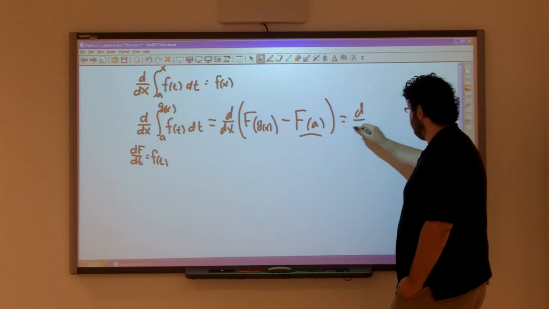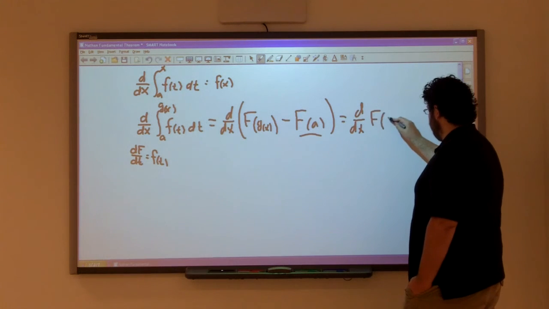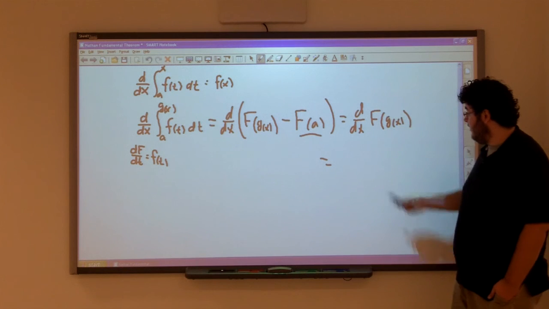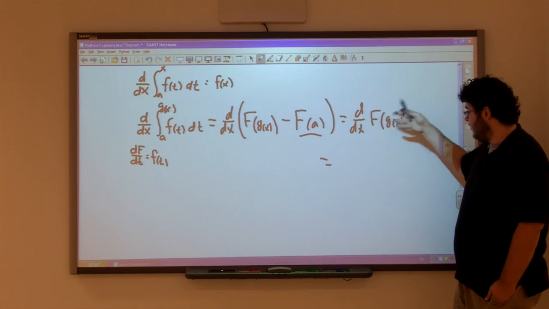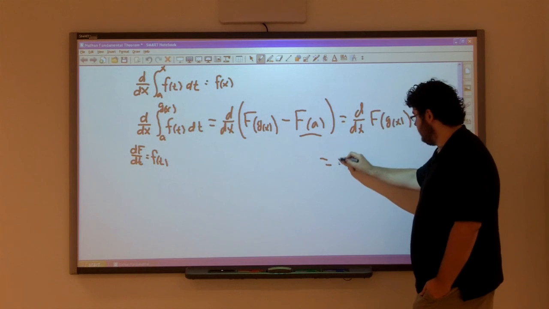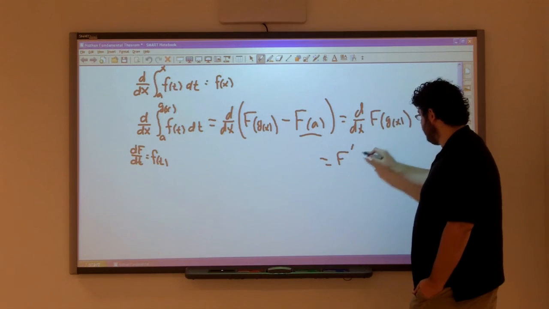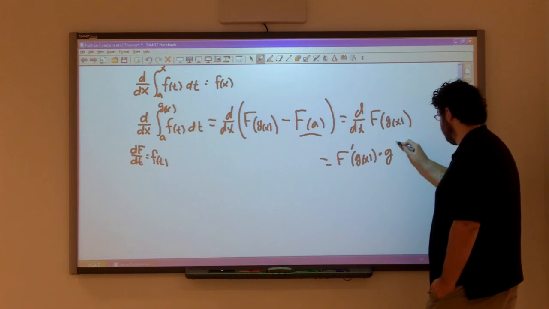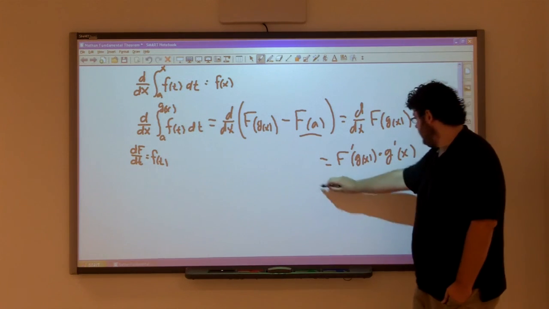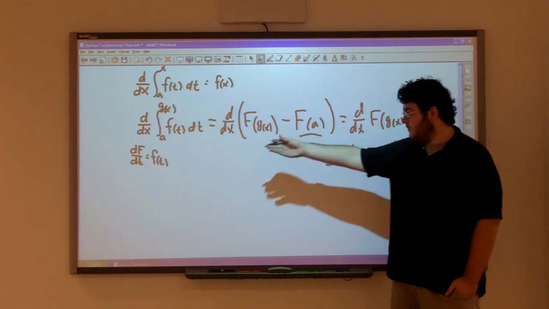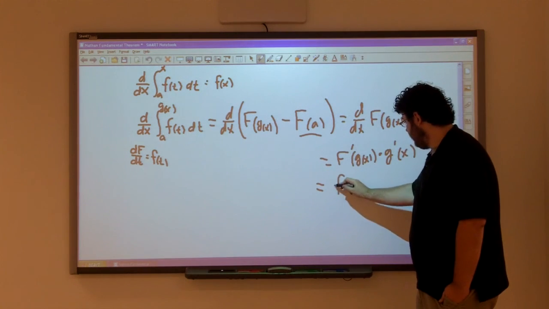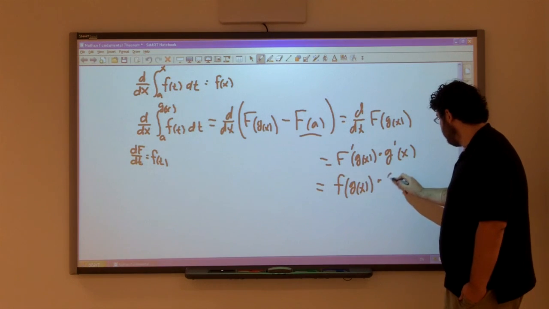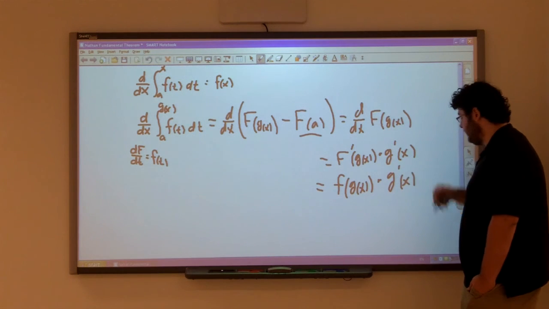So we're left with the derivative of capital F of g of x. Now you have to remember your chain rule here. We have a composition of functions. So remember, this is the derivative of your outside function, leaving the inside alone, multiplying by the derivative of the inside function. But we know that F prime is just lowercase f. So we have little f of g of x times g prime of x.